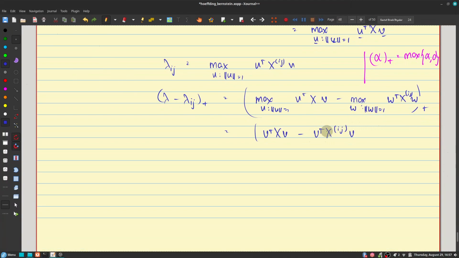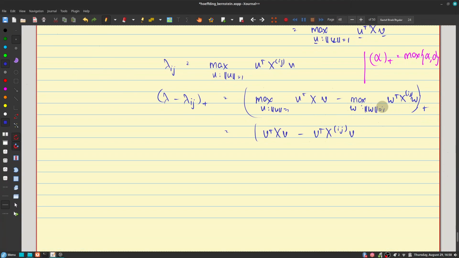So the second term, I want to bound this particular quantity. The second term is obtained by maximizing W transpose Xij W over all possible unit vectors W. So if I take a particular choice of W, then this value can only be less than the maximum.